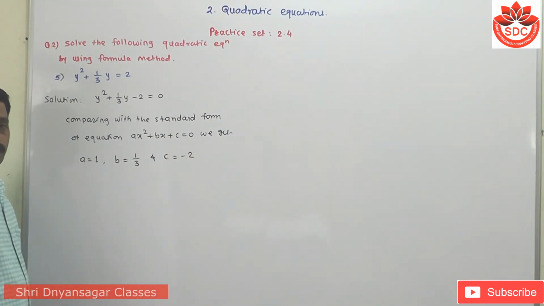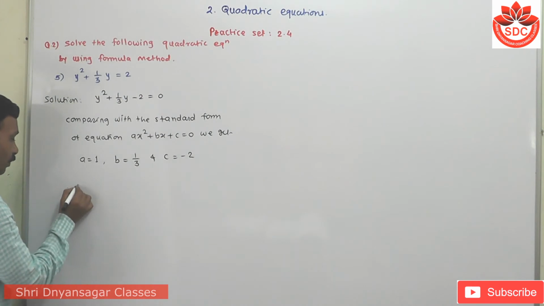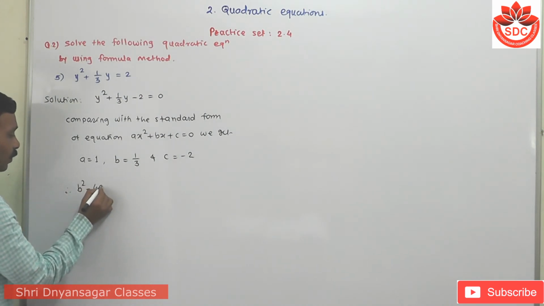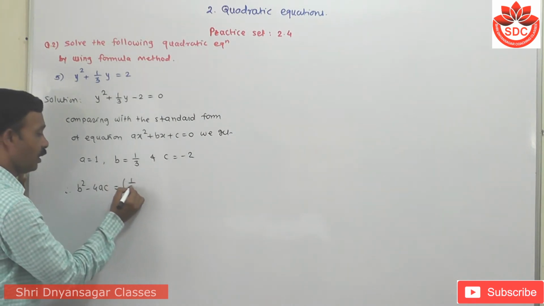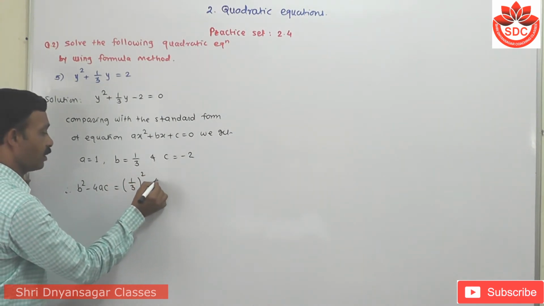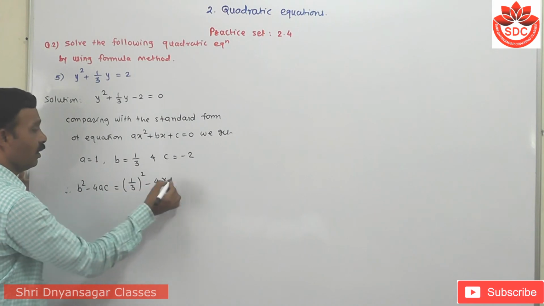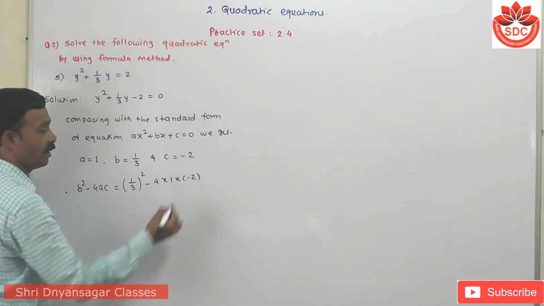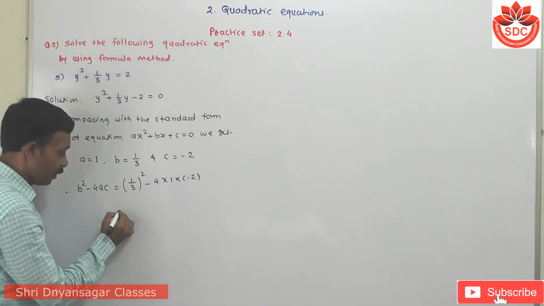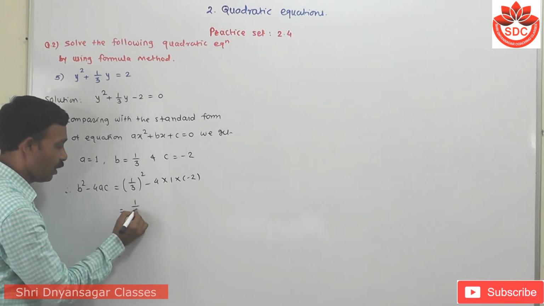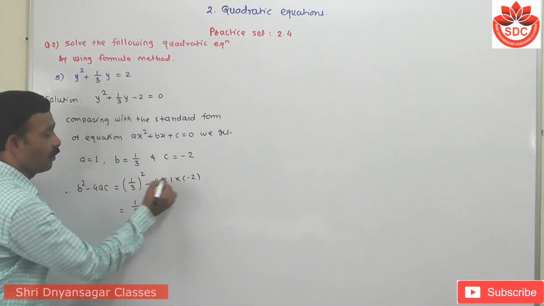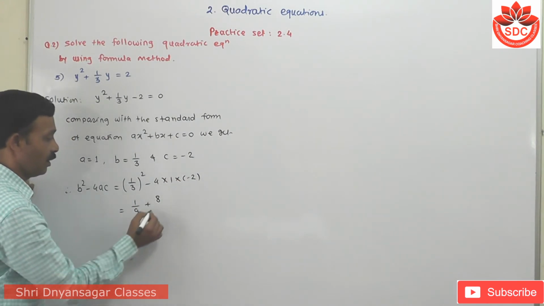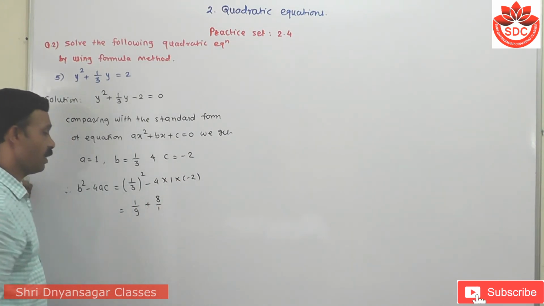Minus 2. Then we find out the value of b square minus 4ac is equals to, b is 1 upon 3 bracket square minus 4 into a is 1 into c is minus 2. Then this square is 1 upon 9 minus minus plus 4 2s are how much? 8. Denominator take as 1.